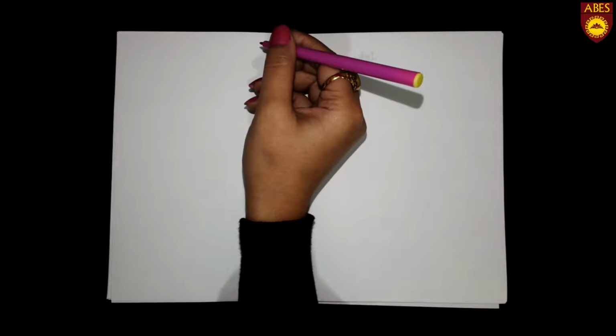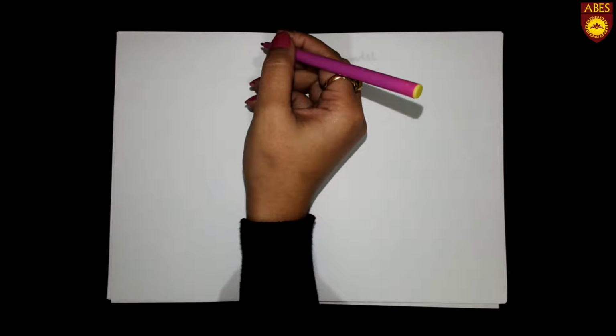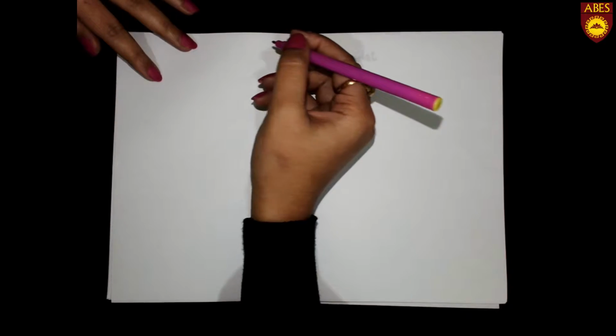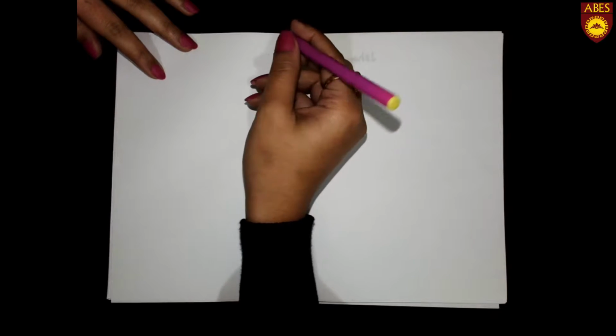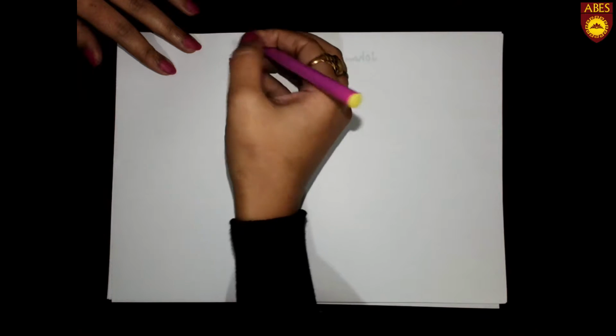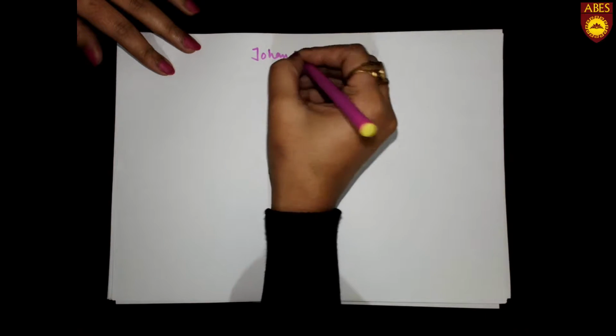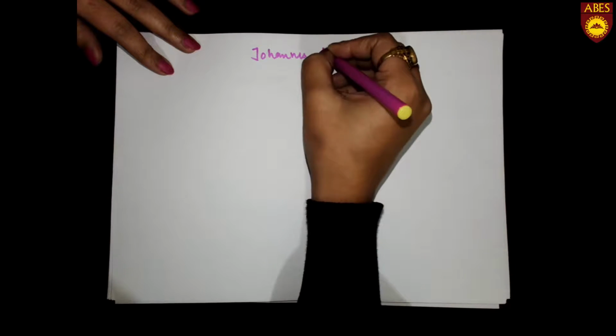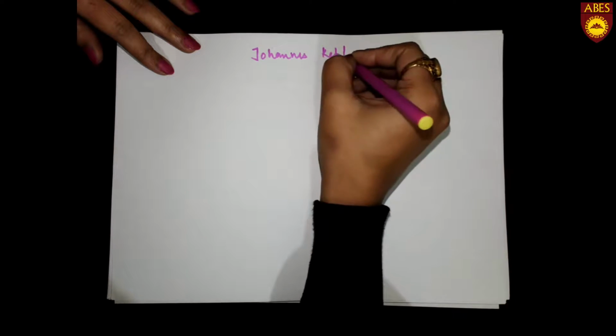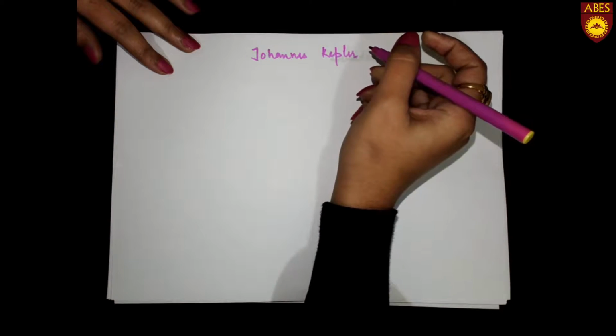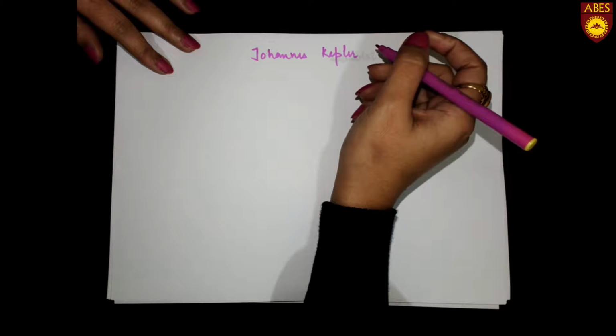Today we will be learning about planetary motion, the movement of satellites, also known as Kepler's Laws of planetary motion. Now let's start with who was Kepler. Johannes Kepler was a German mathematician, astronomer and astrologer.